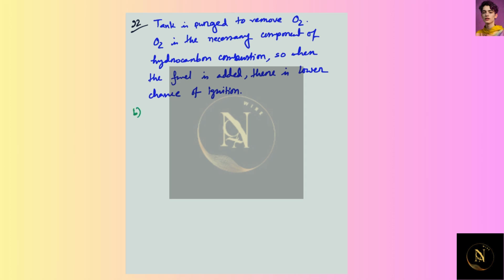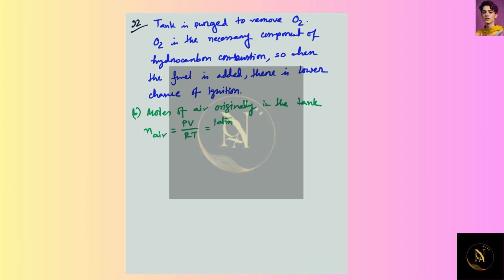Okay, then the next problem, B. It says to calculate the gauge pressure and mass of nitrogen. The moles of air originally in the tank is PV divided by RT.